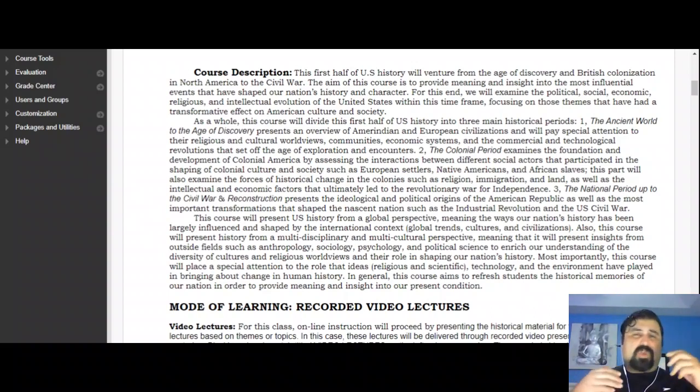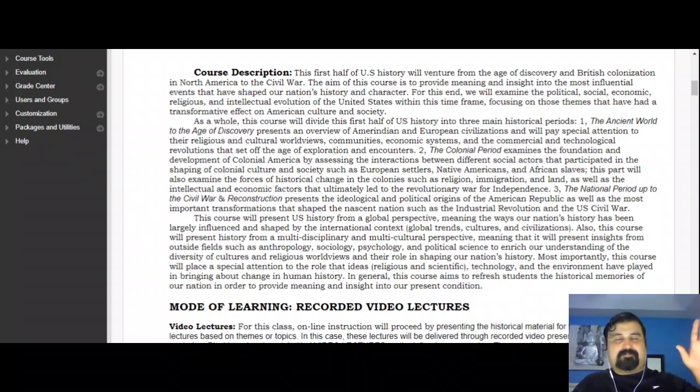And we also have to look at how Europe, by the 1200s and 1300s, is going to initiate a new era that is known in world history as the Age of Discovery. Okay, the Age of Discovery.